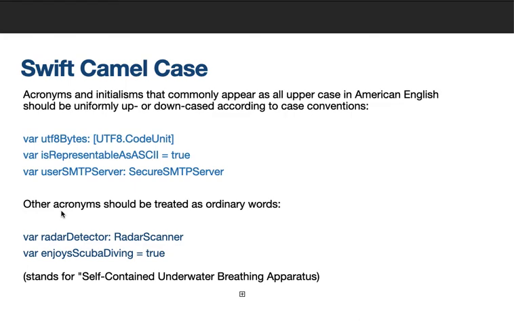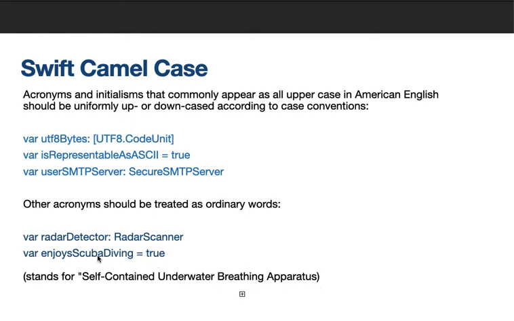And what about other acronyms? They are treated as ordinary words. For example, radar is basically an acronym and it should be considered a simple word. Same goes with scuba. I was surprised that it is also an acronym, which stands for self contained underwater breathing apparatus.